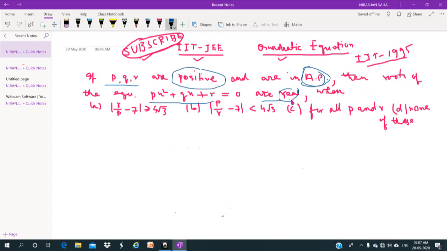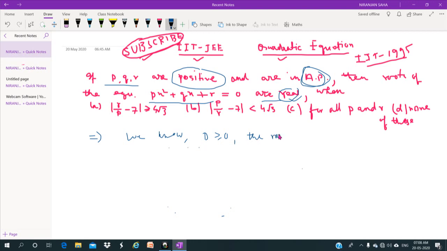Any quadratic equation's roots can be real if its discriminant is greater than or equal to 0. So we know the discriminant D greater than or equal to 0, then the roots are real.